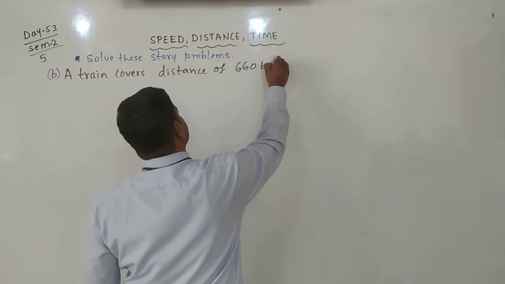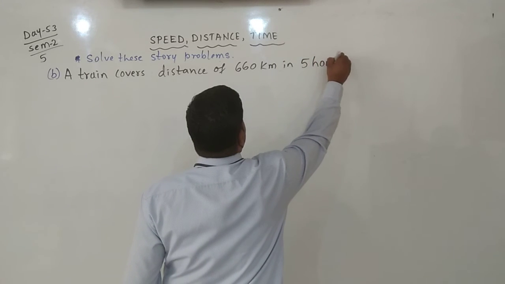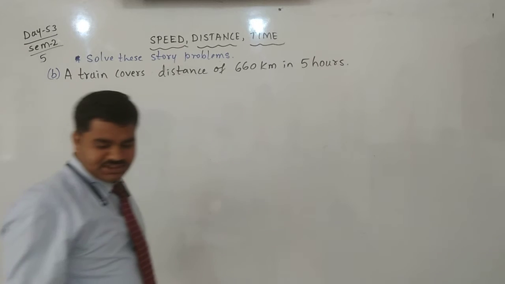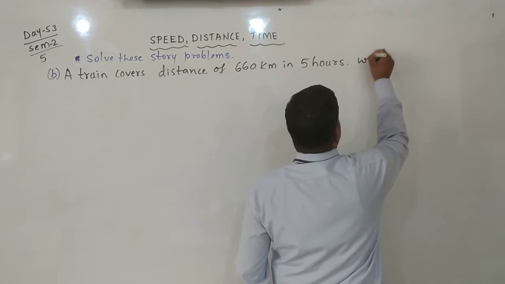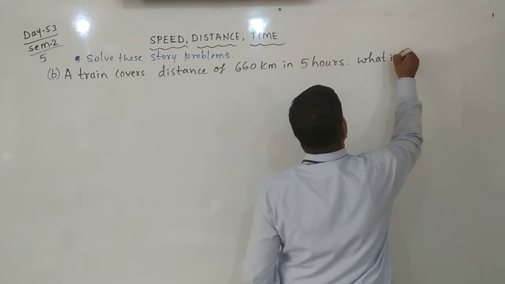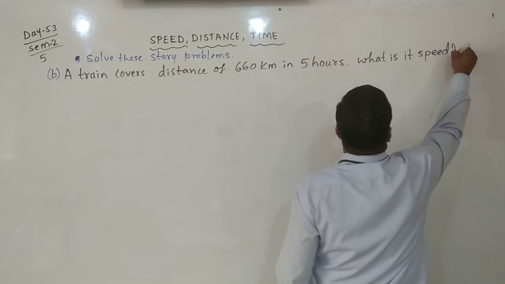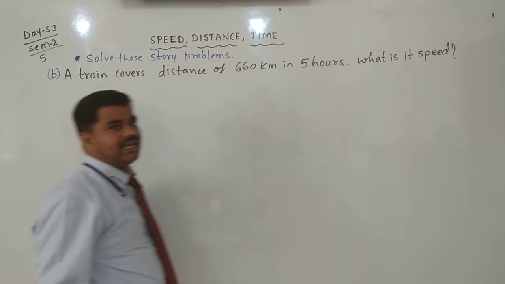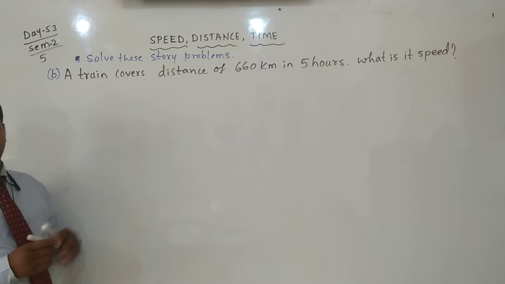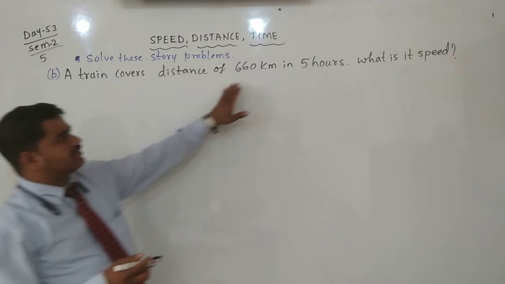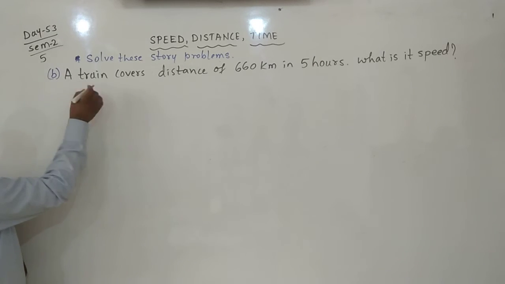Find its speed. What is its speed? I think you all travel by train. It usually takes more time to cover 660 kilometers, but here it is very fast. In 5 hours it covers 660 kilometers. Then what is its speed?